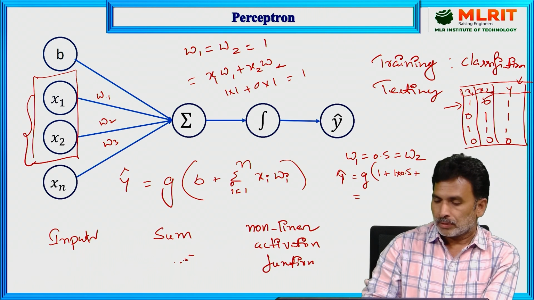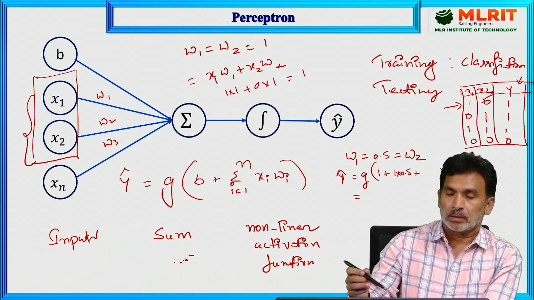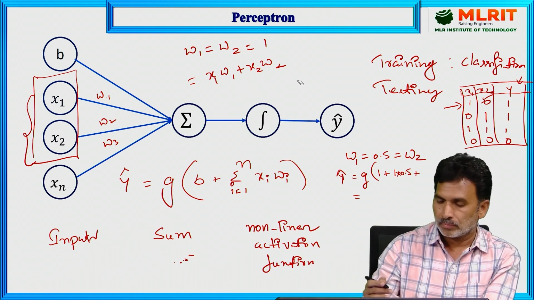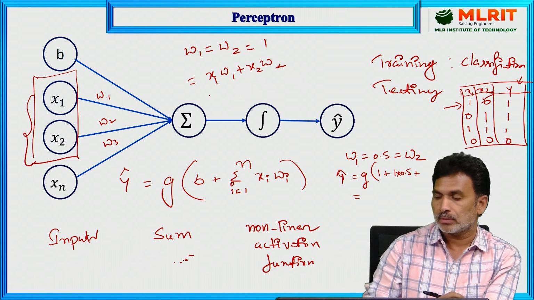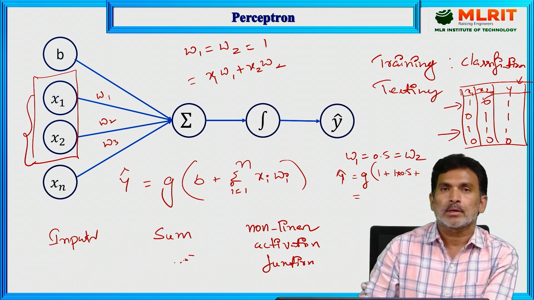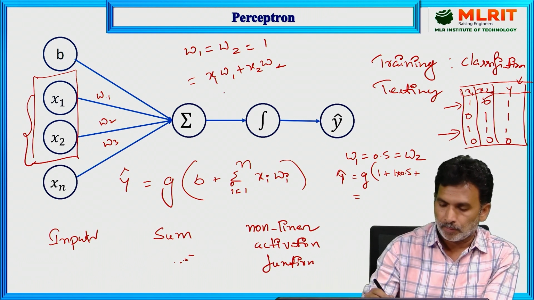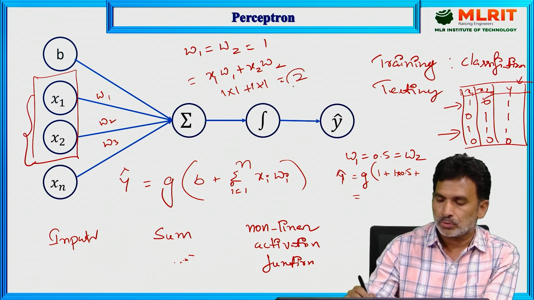Let us take another case, the third instance, x1 1, x2 1. If you substitute these values, 1 times 1 plus 1 times 1, that is equal to 2.